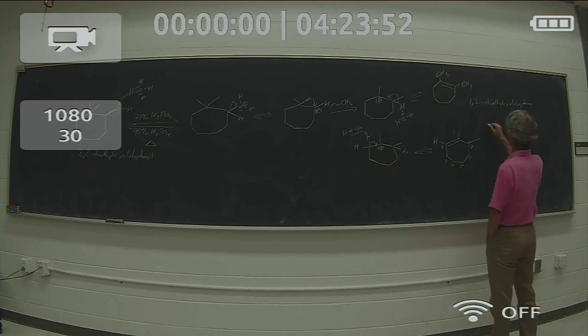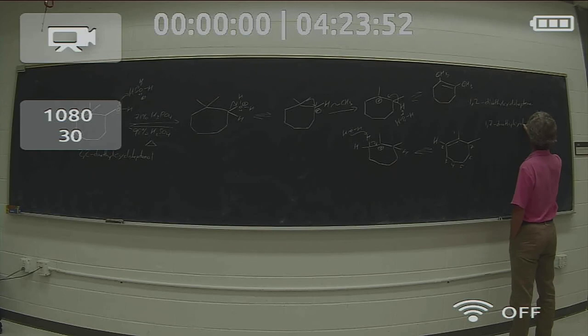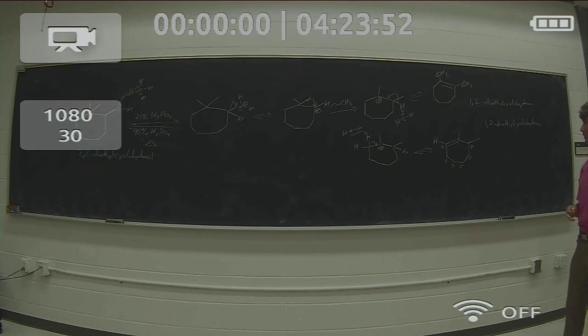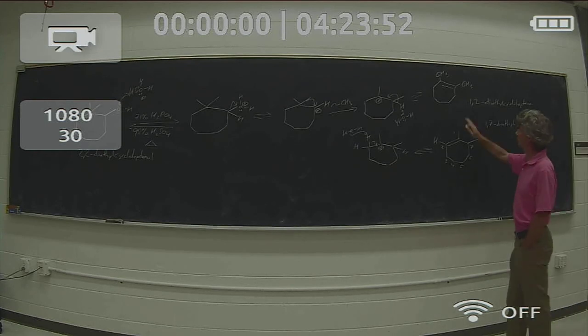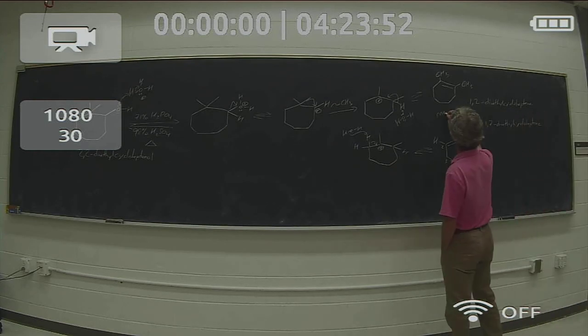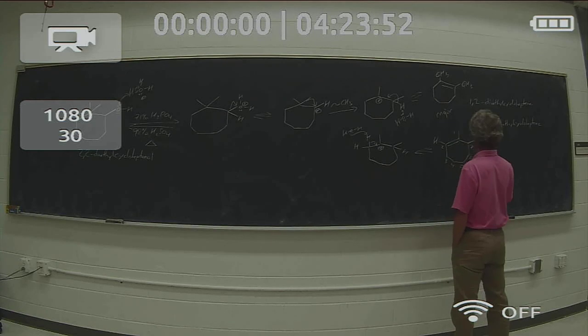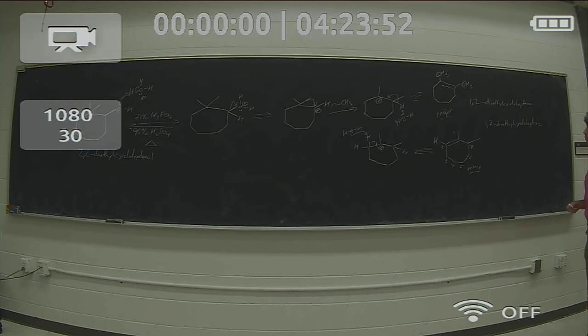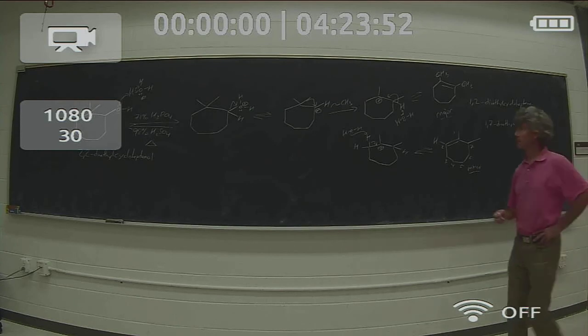So this would actually be 1,7-dimethylcyclohexene. It's less stable because it's trisubstituted instead of tetrasubstituted, so we would expect it to be present in smaller quantities than the 1,2-dimethylcyclohexene.